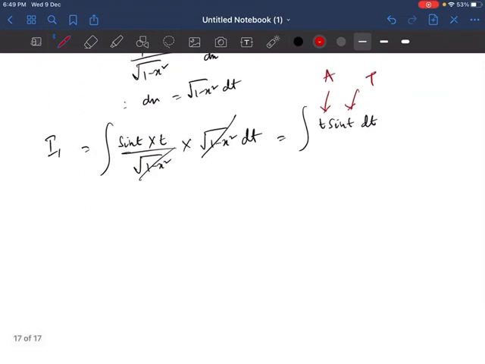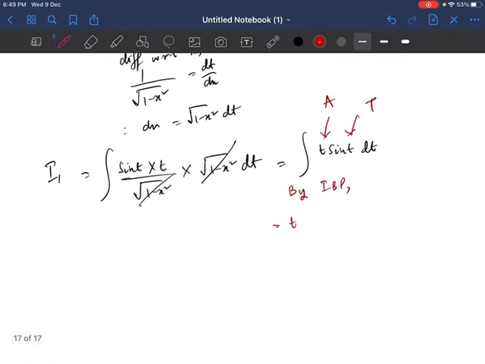So by integration by parts, we have t times integration of sine t dt, minus integration of dt by dt times integration of sine t, entire dt.